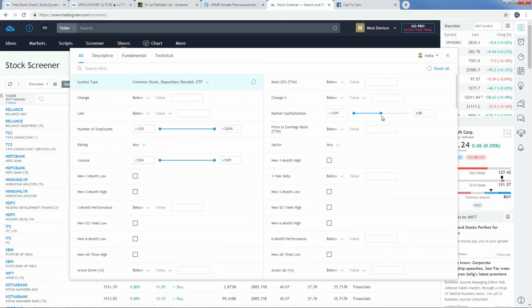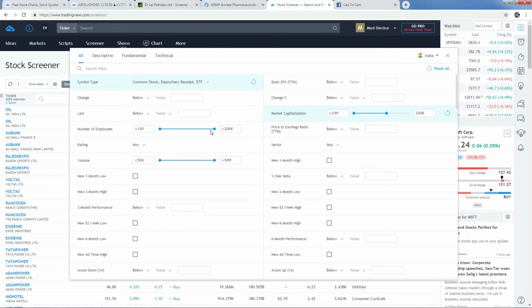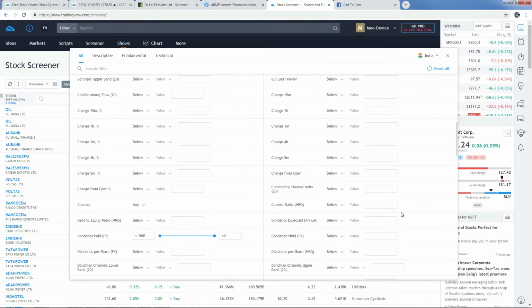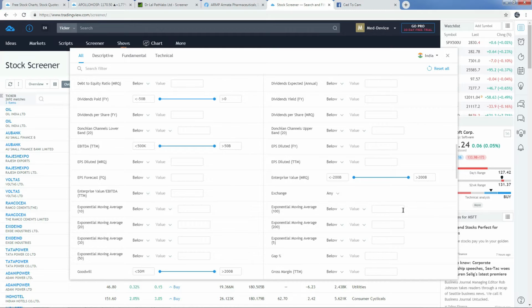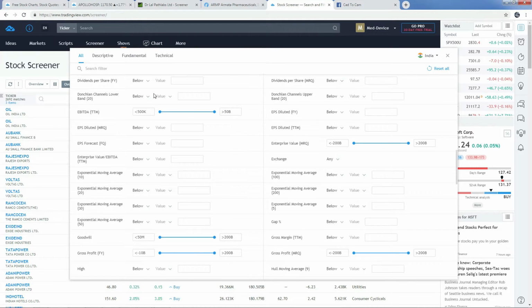So if you want to invest in mid-cap stocks, set it over here. Again, this doesn't really make any difference. EBIT, goodwill, intangible assets.